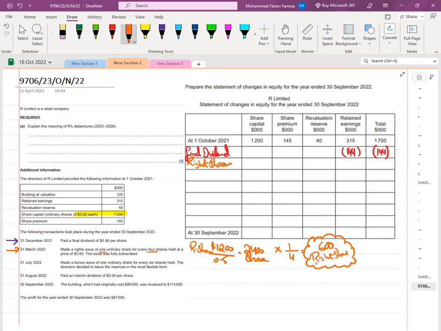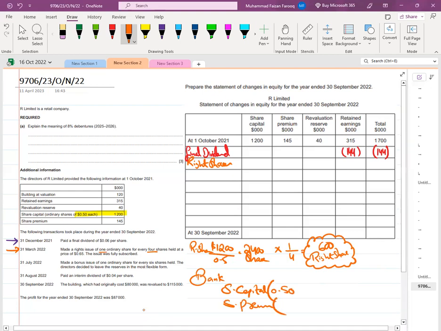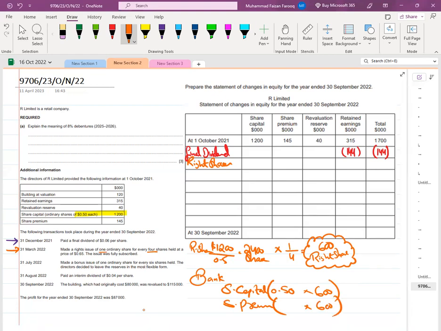We know the entry of a right share is bank debit. Share capital is always at par, which is 0.50, and share premium is on the excess amount, which is the premium amount. The number of shares is 600, which you just told me. They are issuing it for 0.65. Yani the money that comes into the bank is 0.65 into 600. How much is the total? 390.